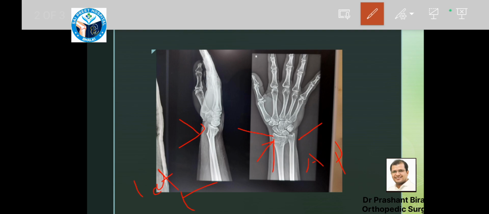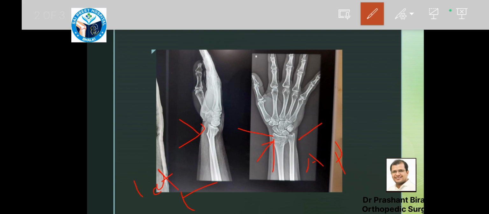How does the patient present? The patient will have pain and swelling, and is not able to move the wrist joint.